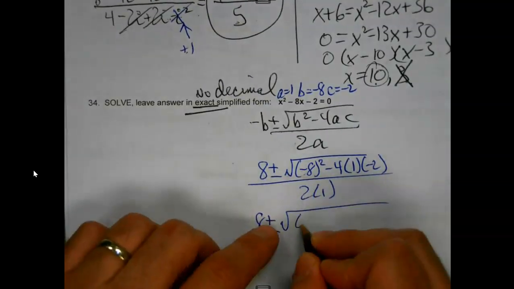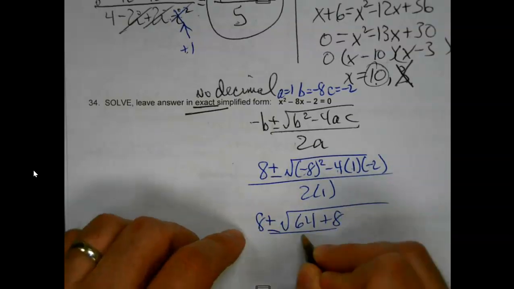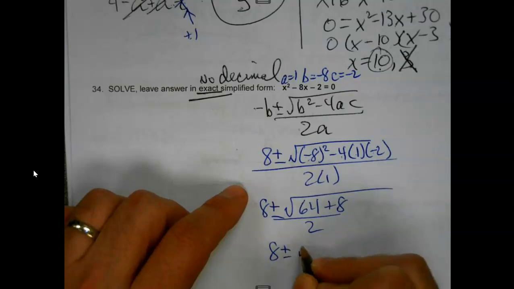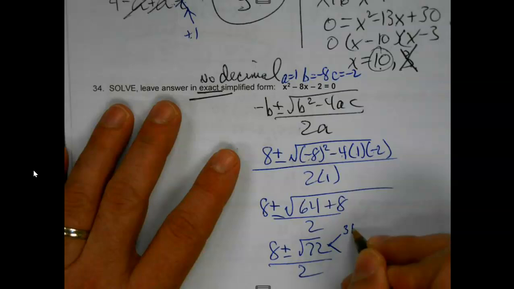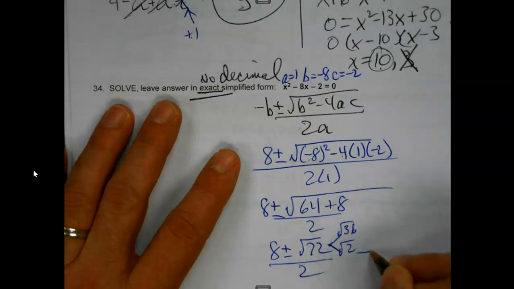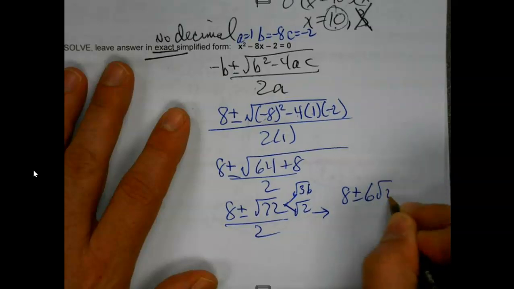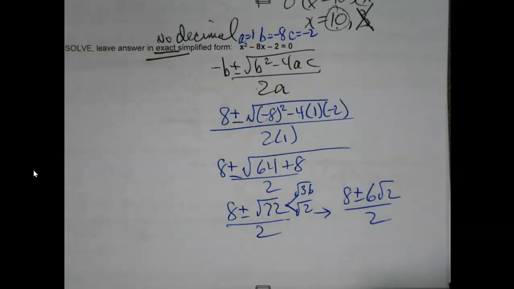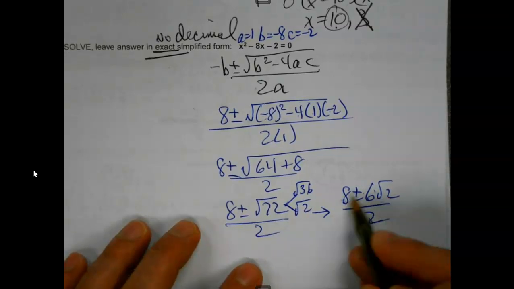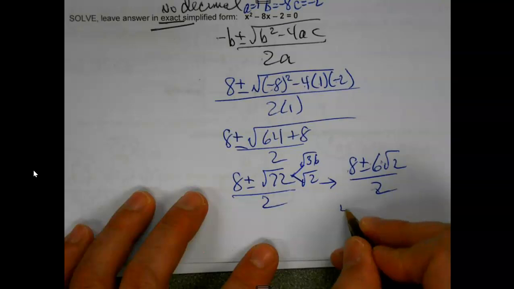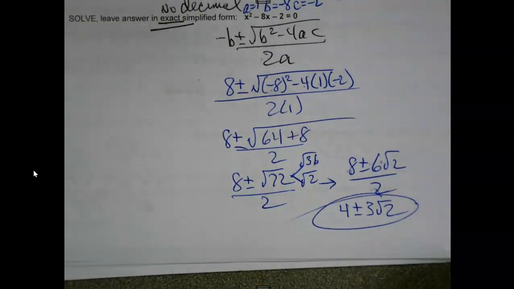So let's see, that's going to be 64 plus 8. So square root of 72 over 2. Hope we can still break down radicals at this point. And this is what I was talking about up in number 32. If you have something not under the radical, but the stuff outside that'll go in, you need to simplify.